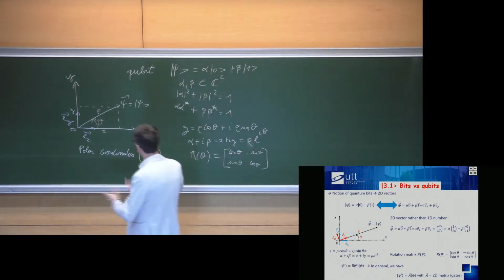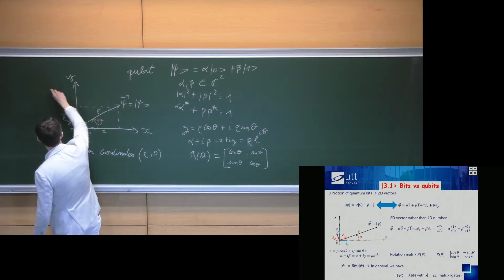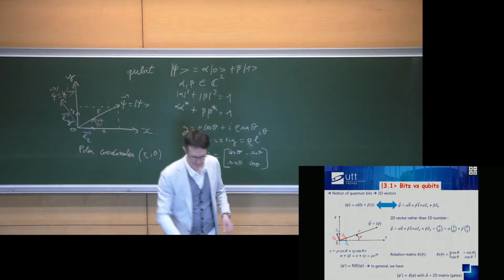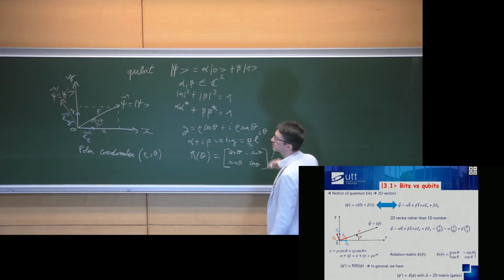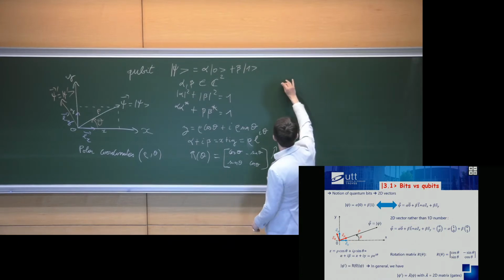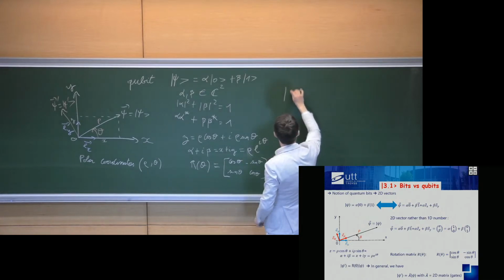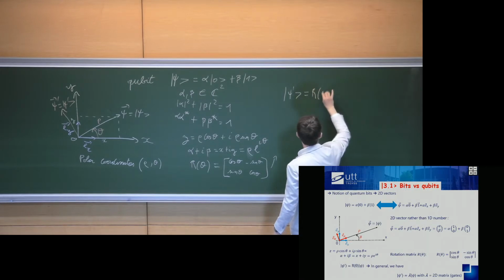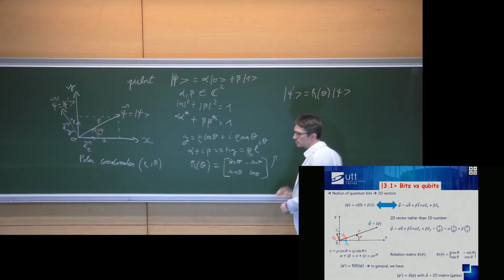Now we call this one psi prime. What we have here is that psi prime is simply the rotation matrix, which is a 2D rotation matrix, times psi.